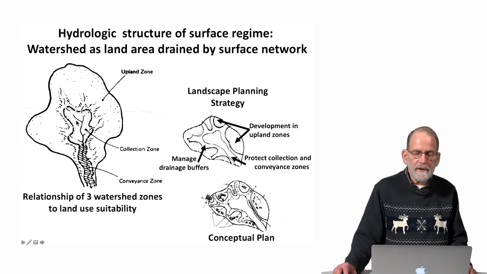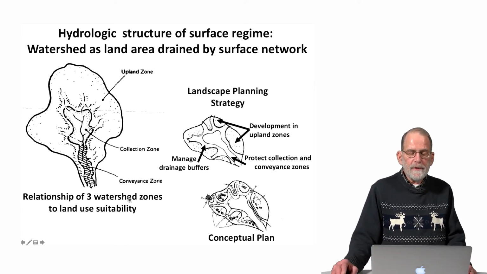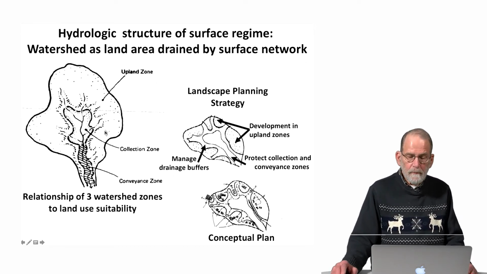So it's collected in the upper portion here, and then it is conveyed out of the watershed through what's called the conveyance zone. So these three different watershed zones have implications for suitability for different kinds of land uses.